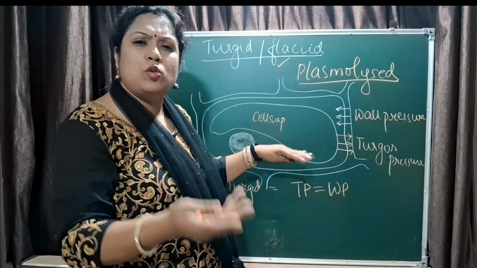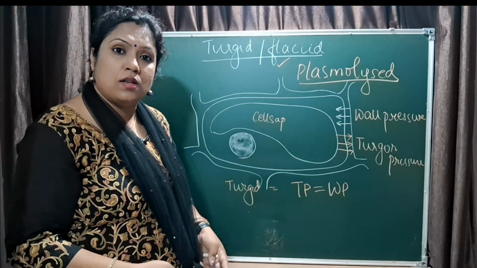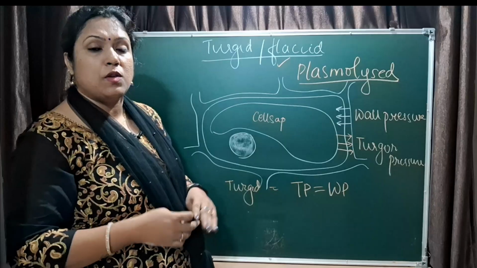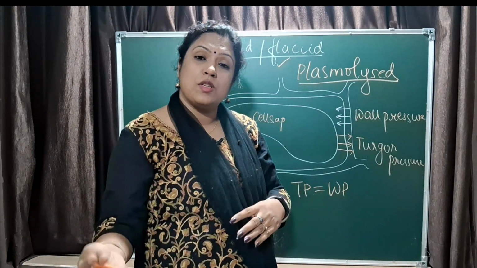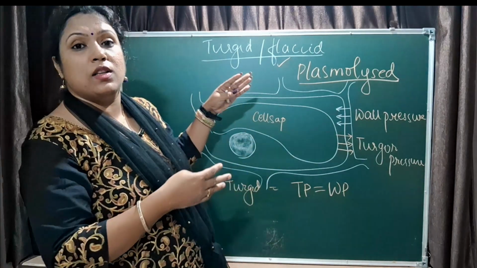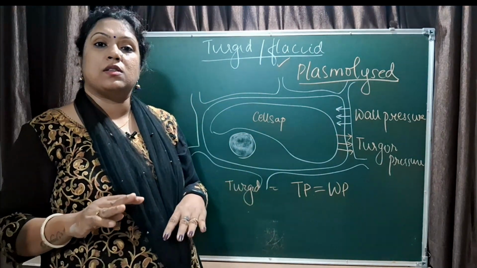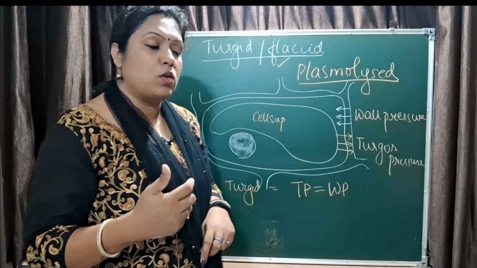That height is around 2 meters. So that pressure which leads to the absorption of water is called the root pressure, which is dependent on the osmotic pressure. Right. So because of osmosis, the pressure developed in the root which helps in pushing water in the root and the plant is called the root pressure. The definition is given in the description in the notes. Kindly go through the same.